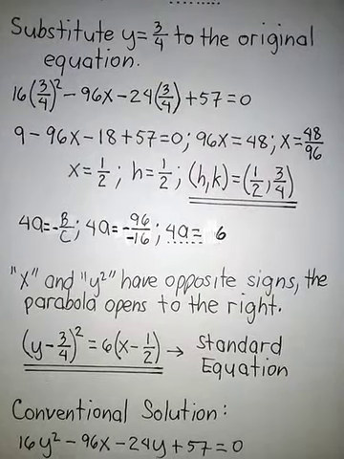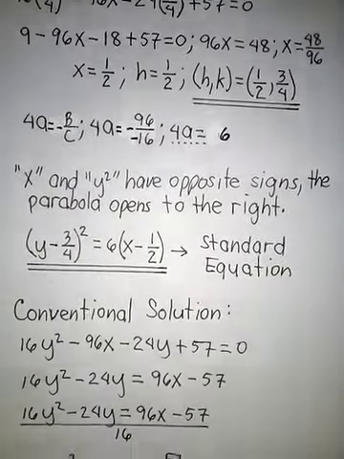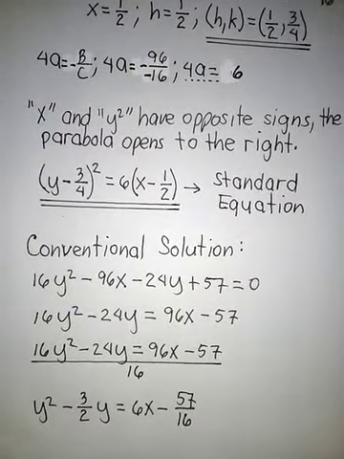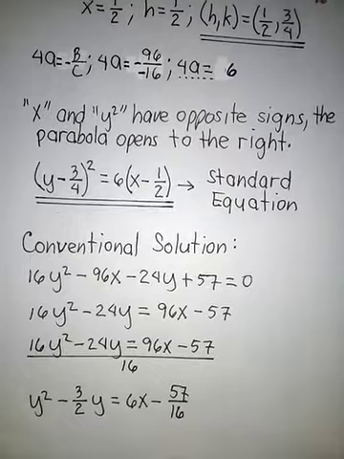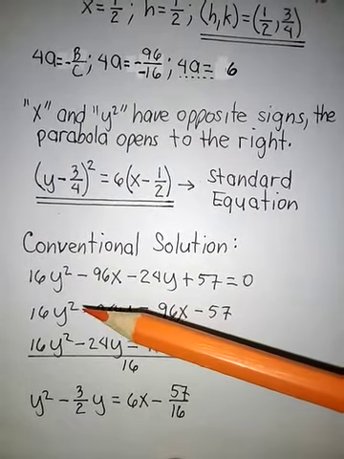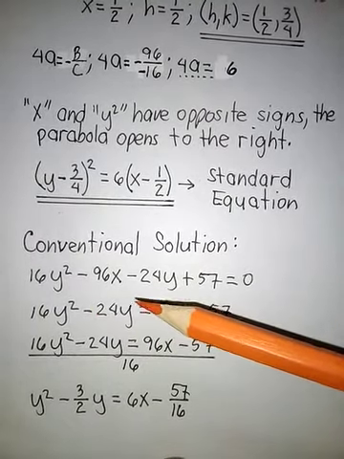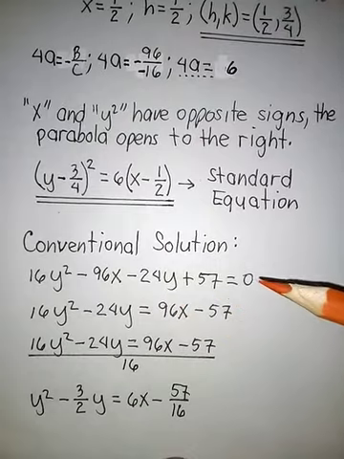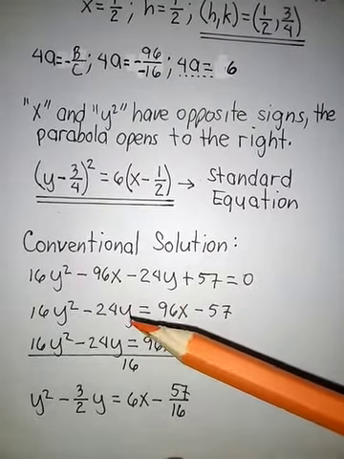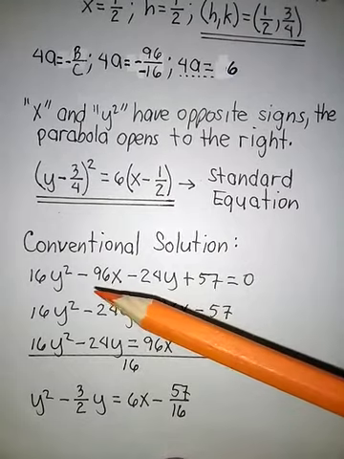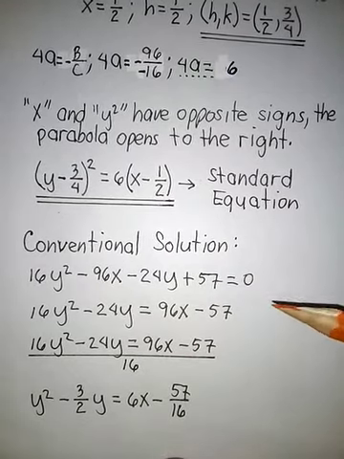Now, using the conventional solution, this is the original equation: 16y squared minus 96x minus 24y plus 57 is equal to 0. So, let us transpose negative 96x to the left.